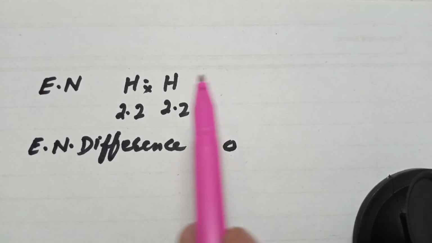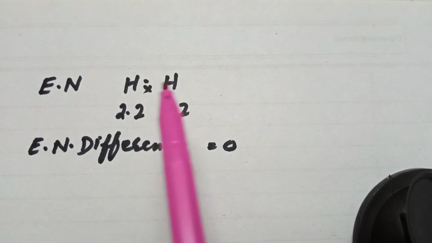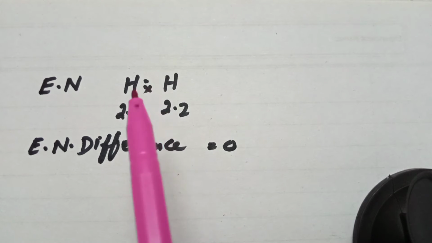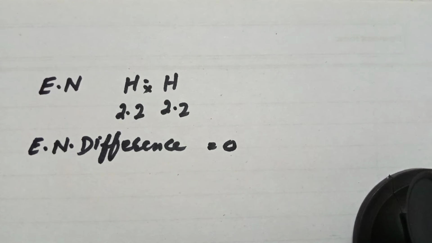It means that both the atoms attract the shared pair of electrons towards itself with the same force. So they have the same sharing for this pair of electrons. And shared pair is experiencing here the same force of attraction. Hence there are no poles and it is a non-polar covalent bond.